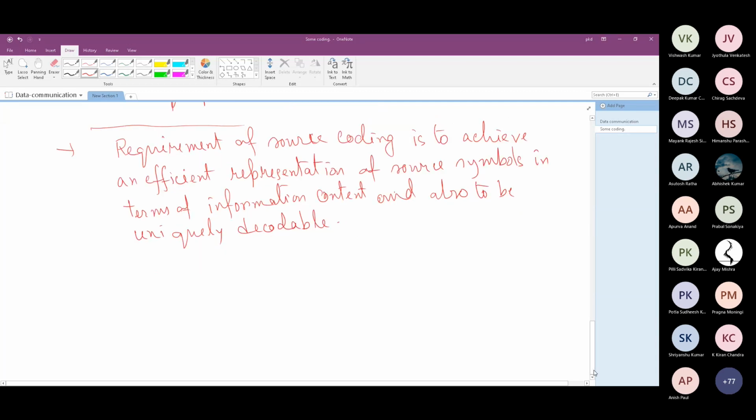Actually, bandwidth requirement is related to the rate of bits to be transmitted.